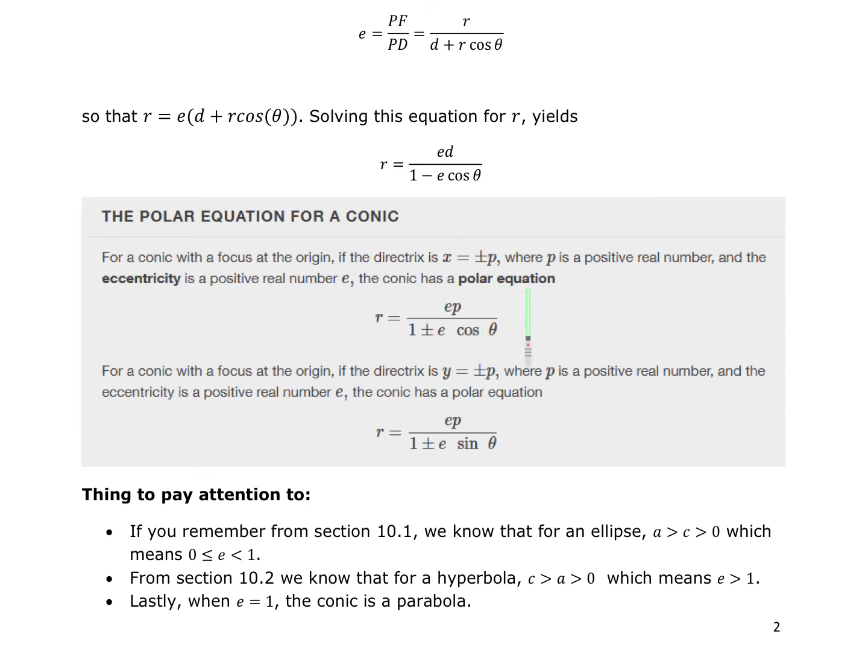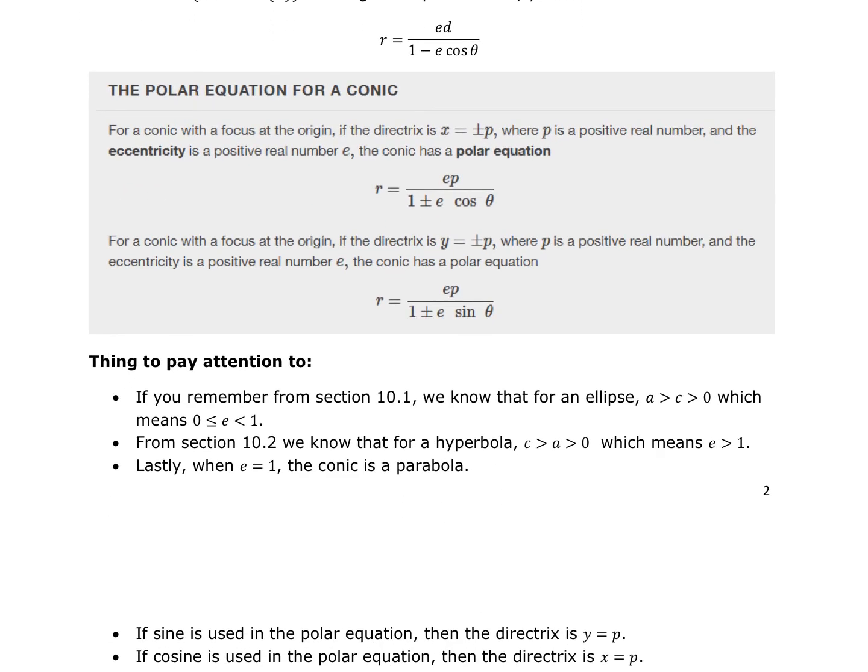The conic will have a polar equation in this form. So in other words, my conic is going to be opening left and right if it's a parabola in this form, because the directrix will be x equals, so it'll be opening left and right. And if it is opening up and down, if it's a parabola, it will be sine.